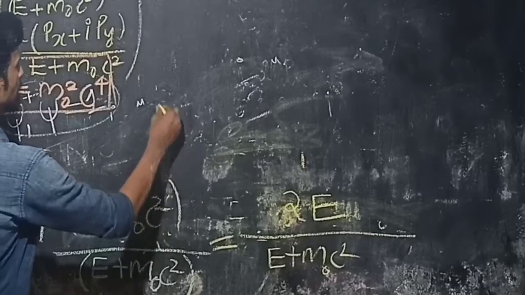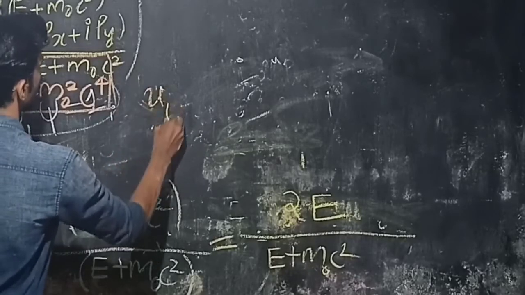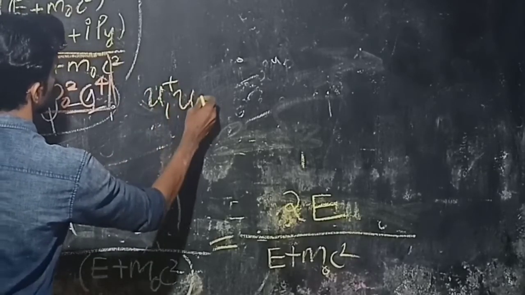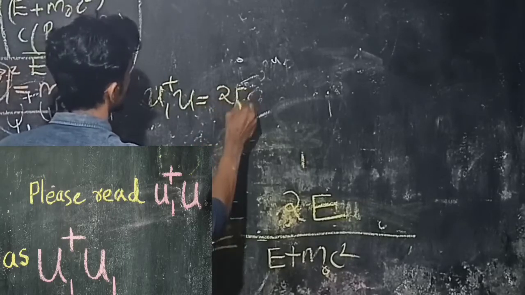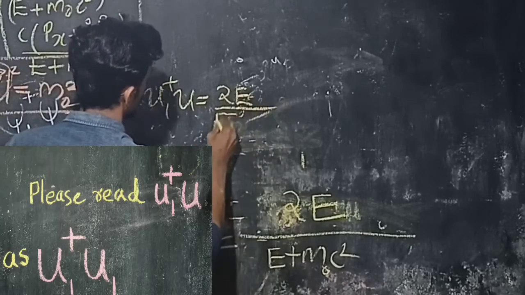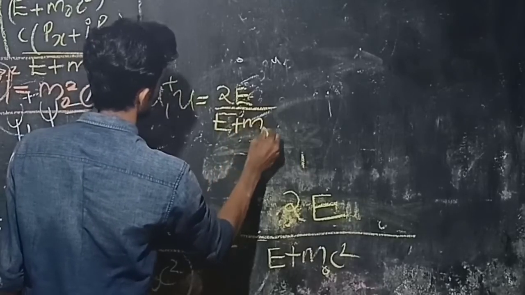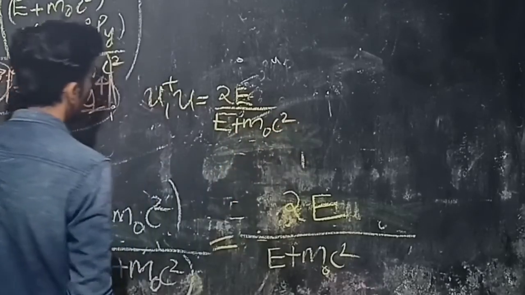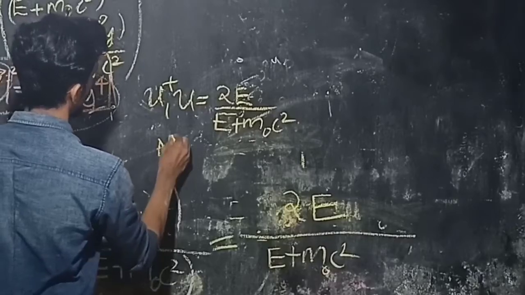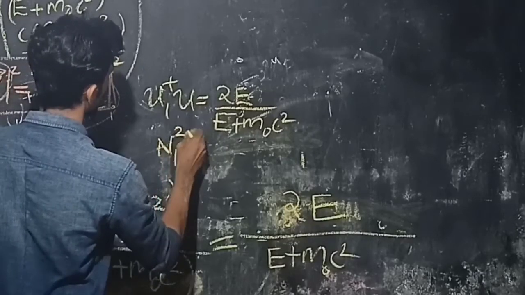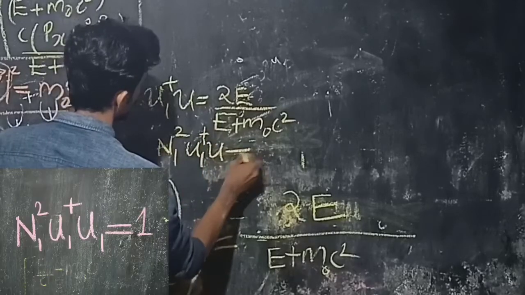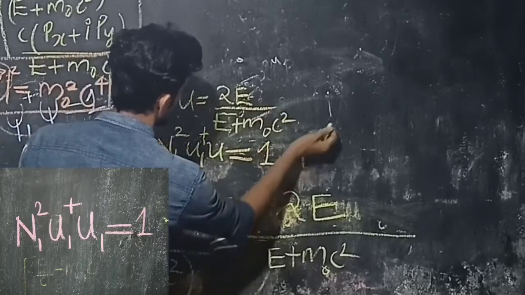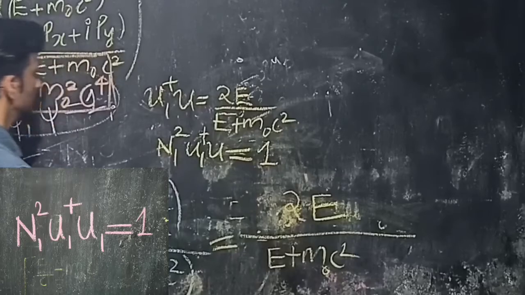Now we have the value of u1 dagger u1, which is equal to 2E over E plus m naught c square, and we know that N1 square u1 dagger u1 should be equal to 1, and this is our normalization condition.